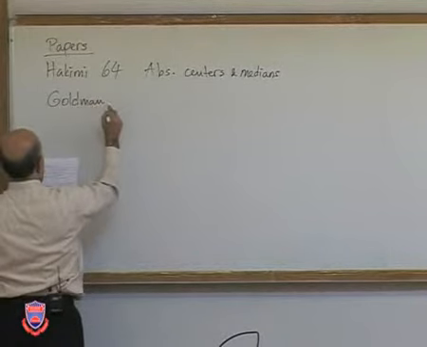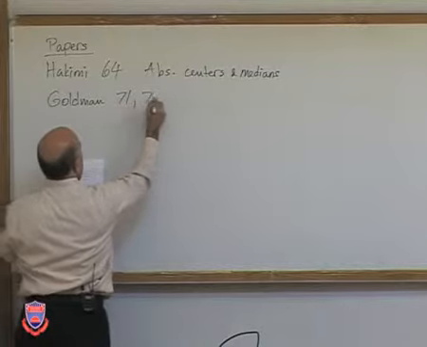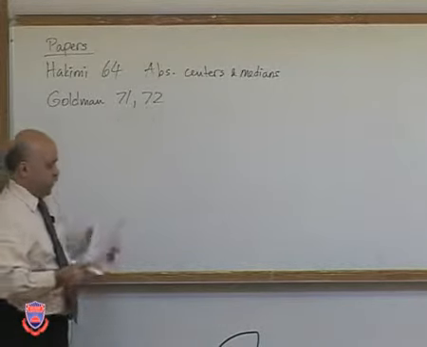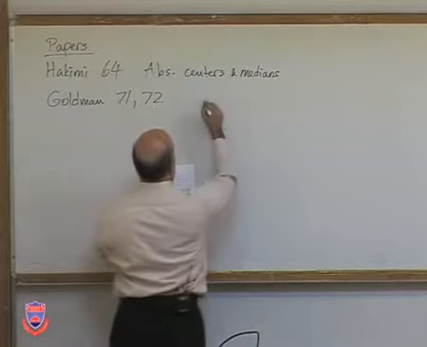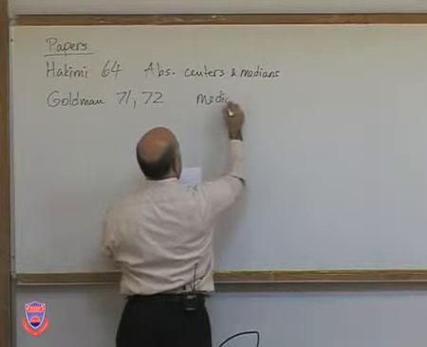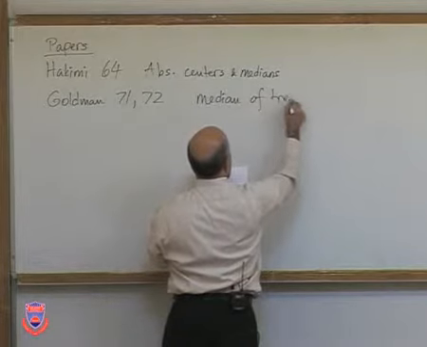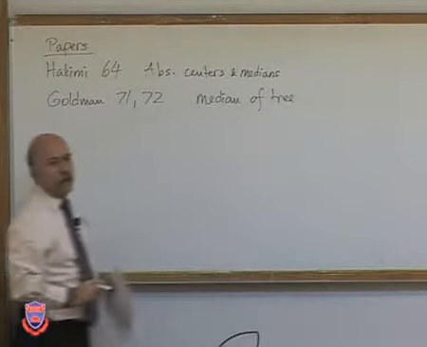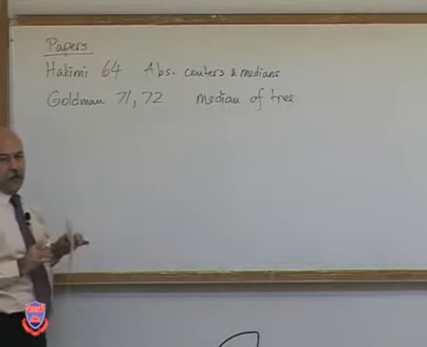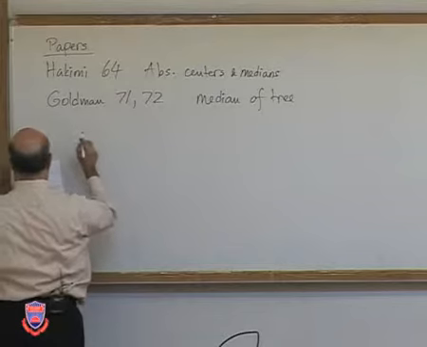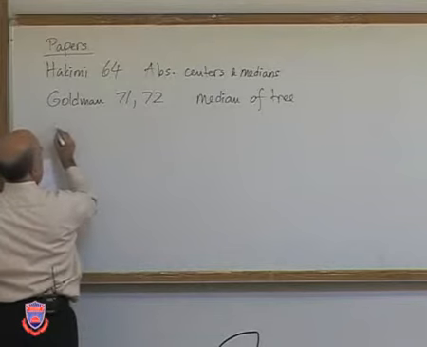Goldman, in his '71 paper, also a related paper is his '72 paper, looks at the medians of trees. The tree trimming algorithm, if you remember, that's the one he actually solved.